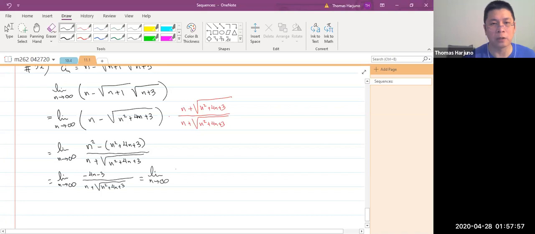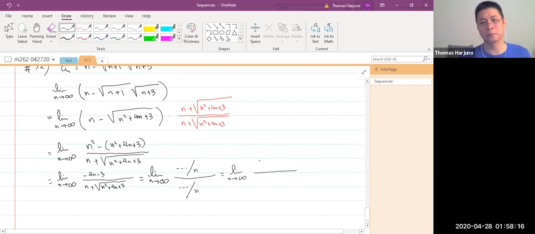If I divide the top and the bottom by n, you show the details yourself, I get the limit as n goes to infinity of, on the top, -4 minus 3 over n, and on the bottom, 1 plus the square root of 1 plus 4 over n plus 3 over n squared.